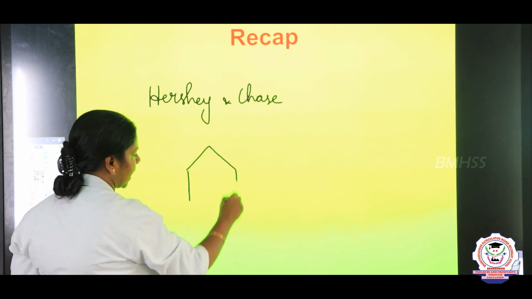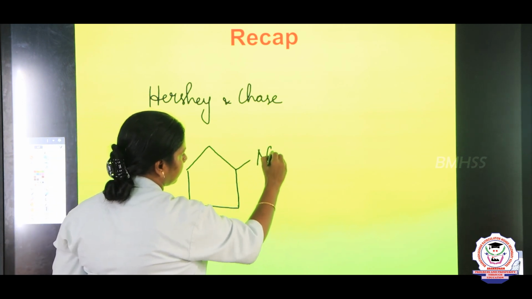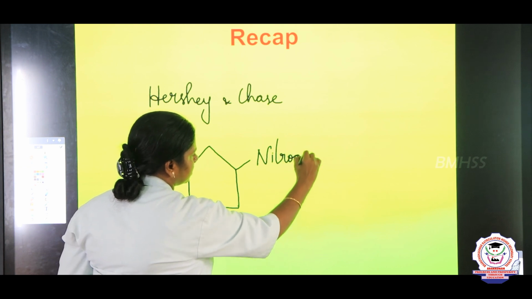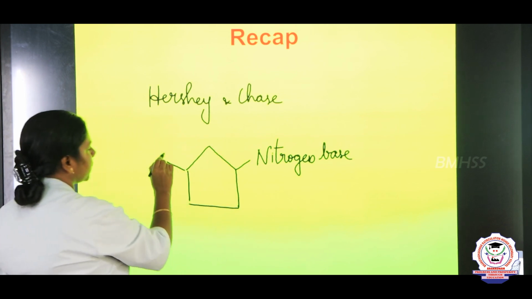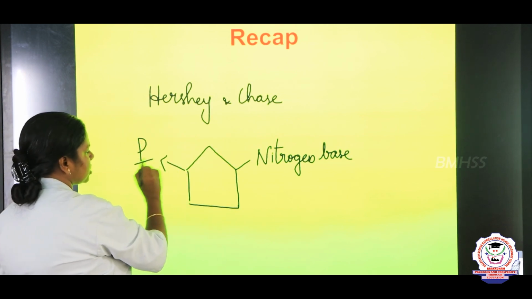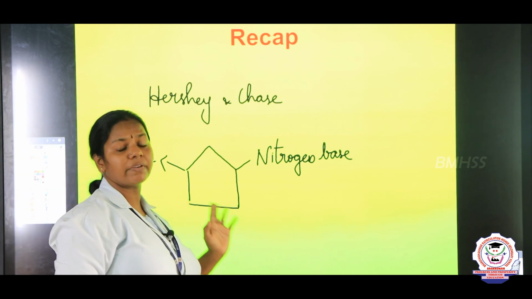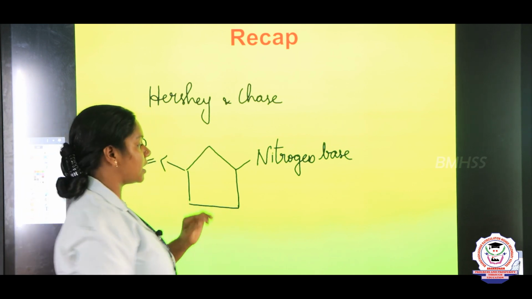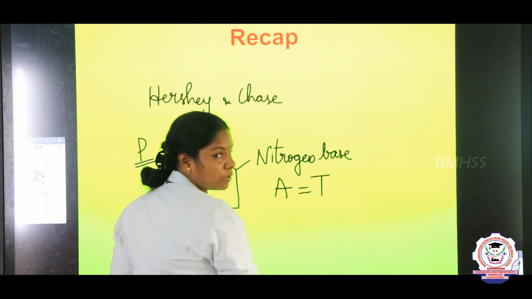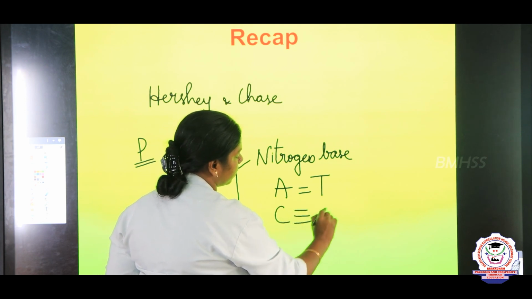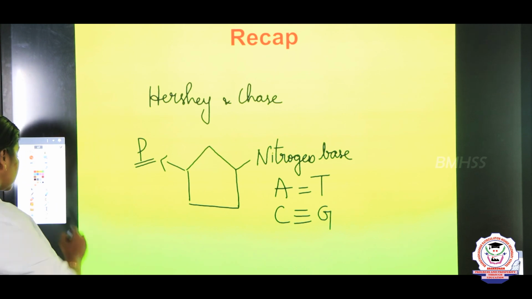Nucleotide consists of a pentose sugar, attached to it is a nitrogen base, and a phosphate group, right, attached to the 5th carbon position. And we discussed Erwin Chargaff's rule. What is Erwin Chargaff's rule? Adenine always pairs with thymine with double hydrogen bonds, and cytosine always pairs with guanine with triple hydrogen bonds. These are all the things we discussed in this session, children.